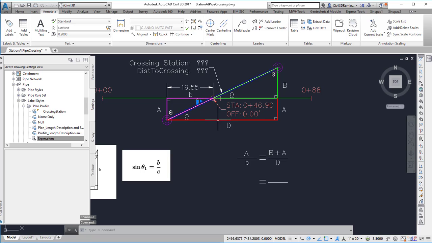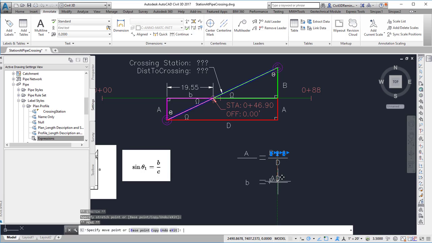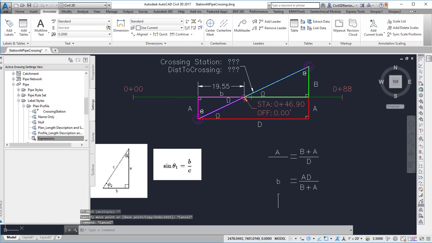And so I'm finding that value. So then I can move B down here. So that means A times D gets there, and then B plus A. So that gives me 19.55.